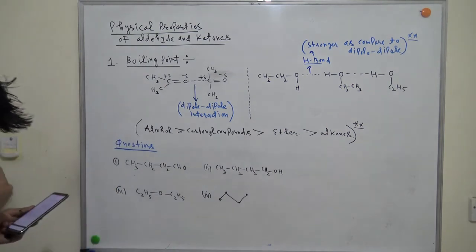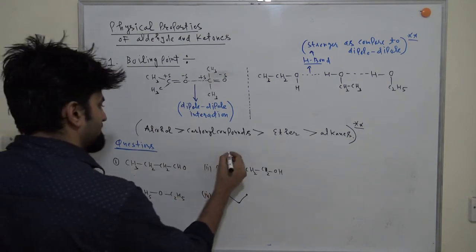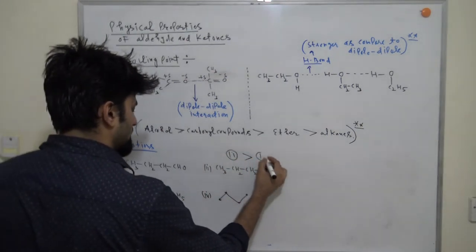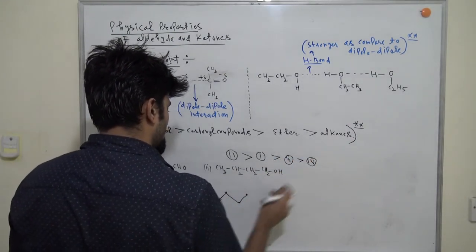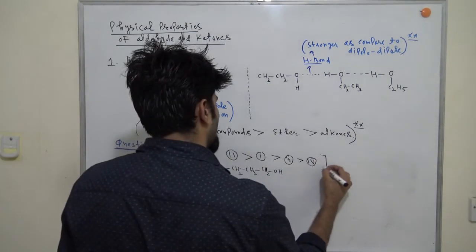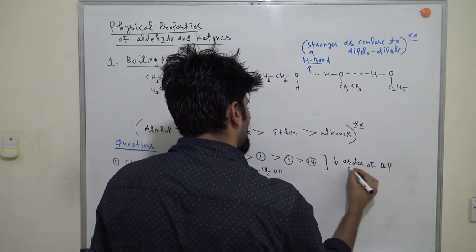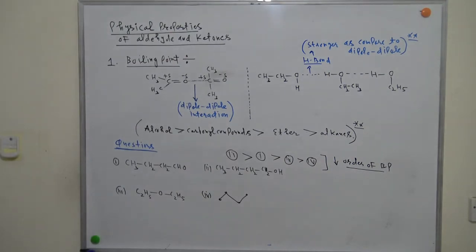This kind of question is given and we have to decide the boiling point. Not a problem. Your alcohol is first, maximum. Then aldehyde second, ether third, and the fourth one is a hydrocarbon. So this is the decreasing order of boiling point. I think it's straightforward.